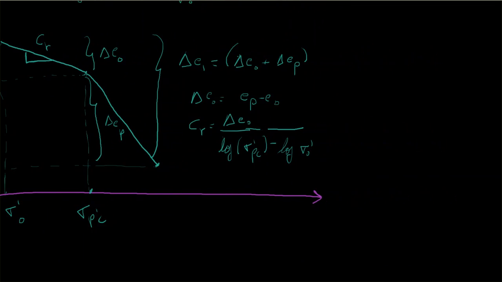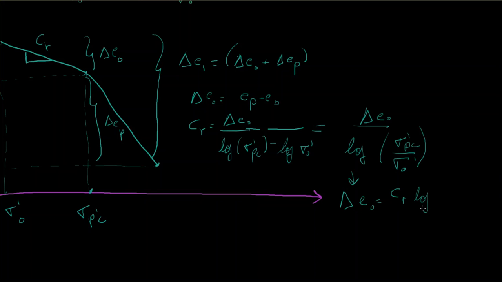Log minus log is log over log. So I can say delta E0 is CR log sigma dash PC over sigma dash naught.